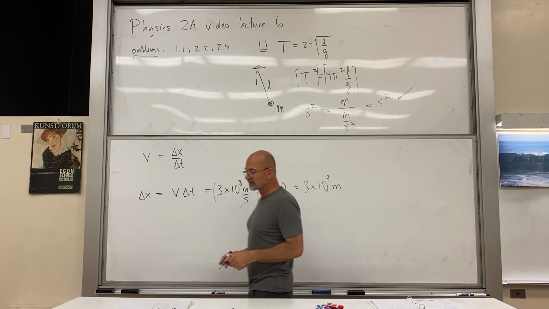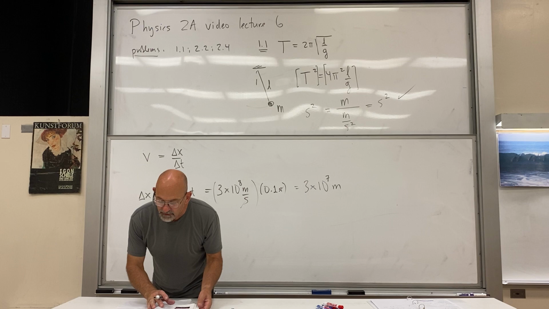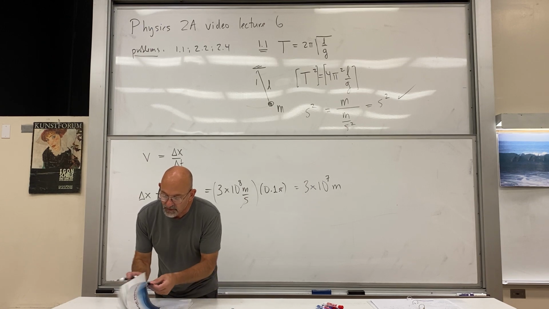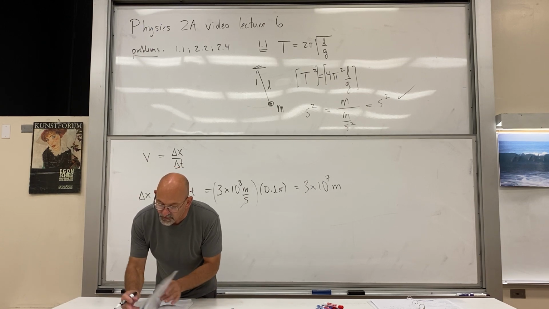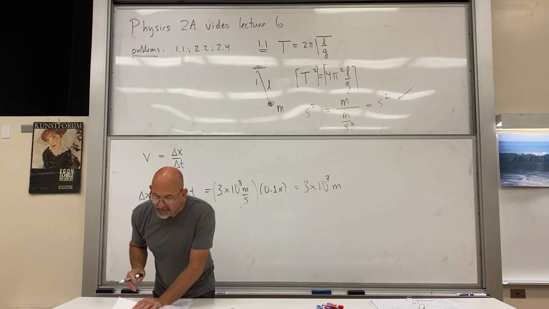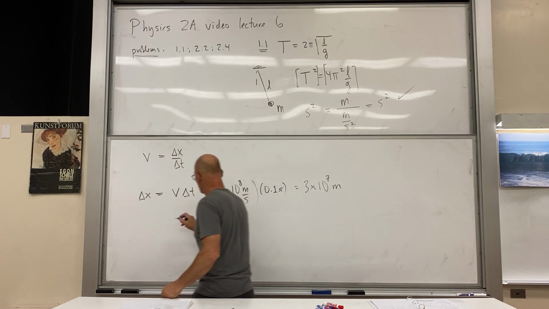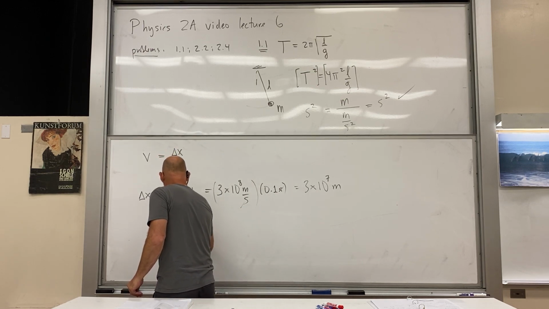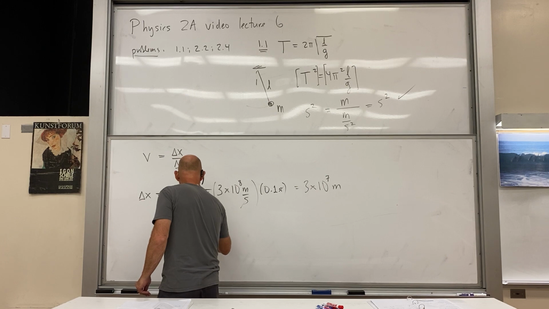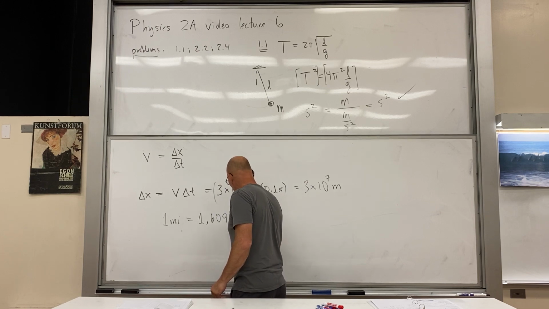Now, if you do have to convert miles and that type of thing, you can look at the beginning of your book, and we have 1 mile equals 1.609 kilometers, or 1 mile equals 1,609 meters.